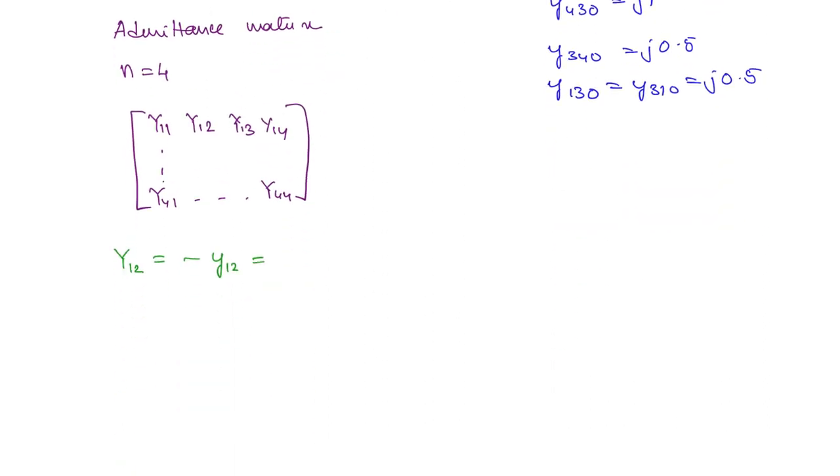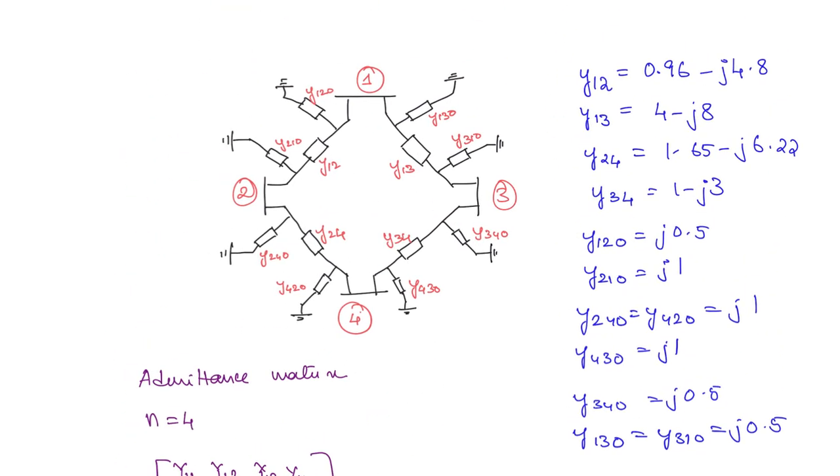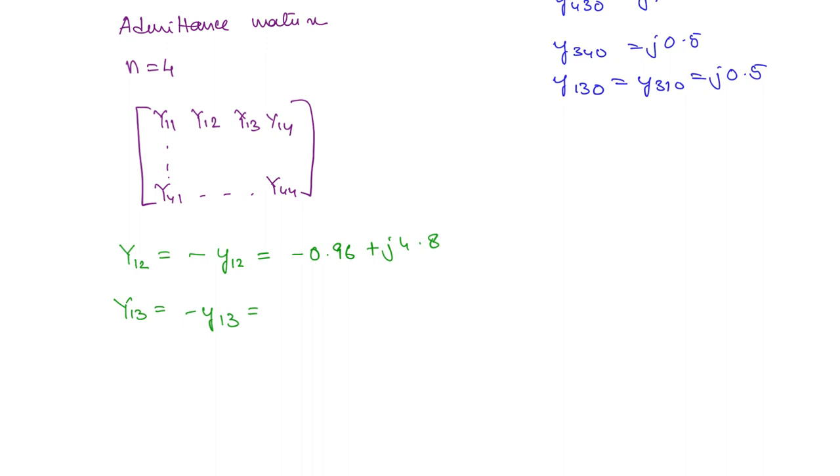So this will be equal to the negative of that admittance, which is minus 0.96 plus j4.8. Similarly, Y13 you can write as minus y13. This value is given as 4 minus j8. So capital Y13 will be equal to minus 4 plus j8.